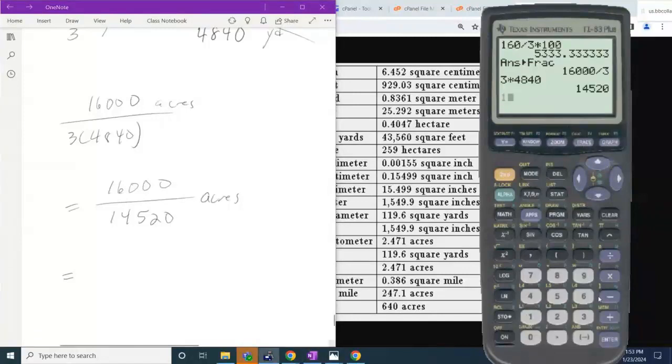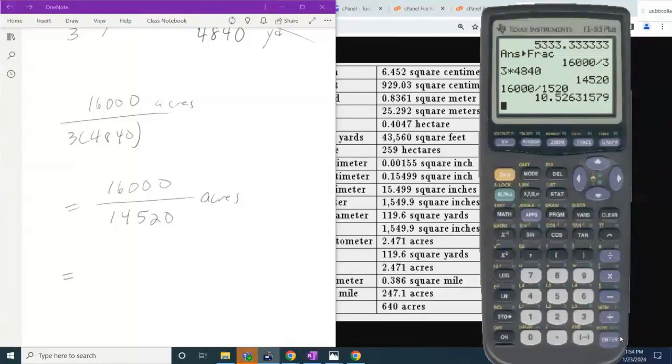All right, so when I divide that up, I get 1.10 acres.